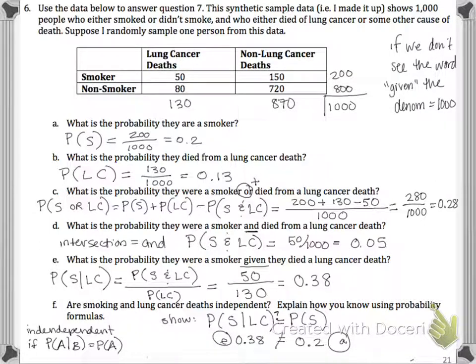So these numbers are not the same, and these events are therefore not independent. Okay, so if I do not have the same value on either side of the equals sign, then we can determine that lung cancer deaths and smoking are not independent. In other words, they are related, which is what we would have assumed if we were looking at this outside of the context of this class, I hope. All right, keep watching those videos.